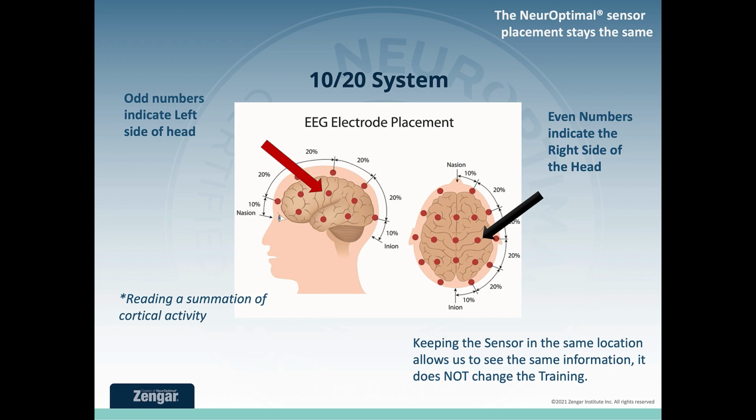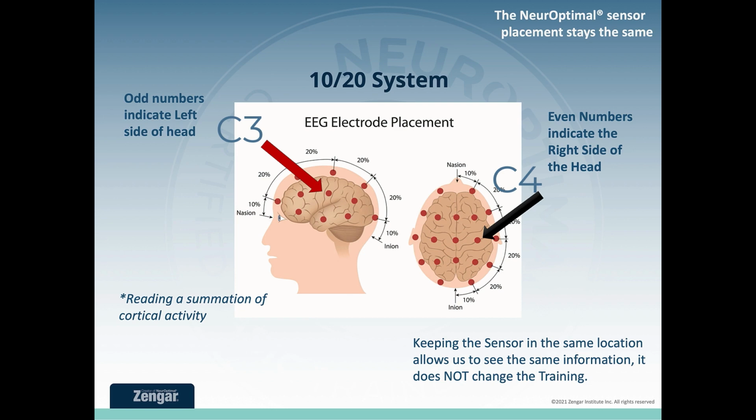Odd numbers are always on the left, even numbers are always on the right, and we always use C3 and C4. From the profile view here, here's C3, this one right here, and from the view from above, here's C4. So this would be C3 and C4.